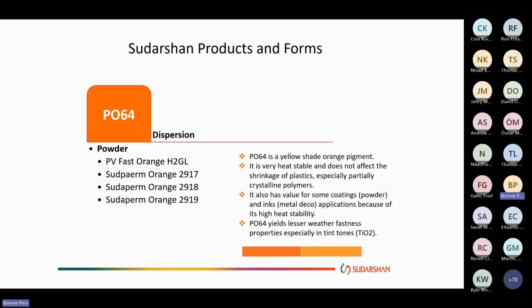Orange 64 is definitely the workhorse orange for plastics. A very yellow shade, very opaque, and very high heat stable pigment. And it has a lot of options, a lot of uses in plastics. It can be useful for inks and powder coating because of the higher heat stability.